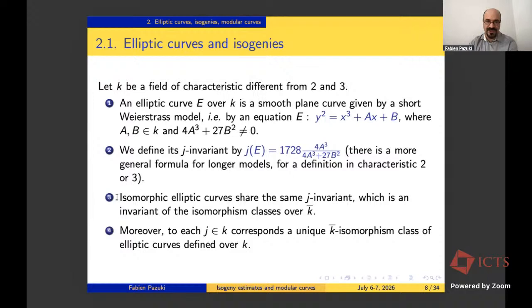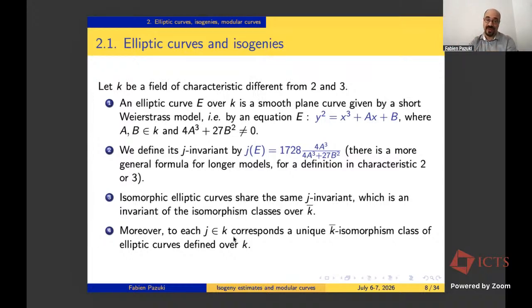You see, 4 is different from 3. 3 says if I have two curves that are isomorphic, they share the same J invariant. 4 says if I take a number in my field, there exists a curve such that the J invariant is actually this number. So the first one is really the invariance, the existence of an invariant. The fourth one here is really existence of a moduli. So in a way, if you want, the moduli space of elliptic curves up to K-bar isomorphism is a line.